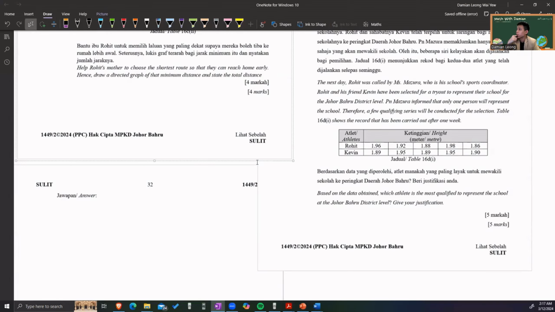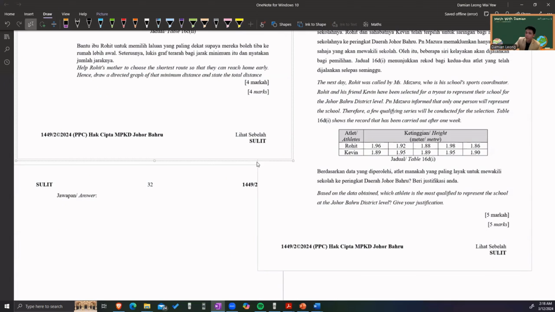Rohit and his friend Kevin have been selected for trial to represent the school for Johor Bahru district level. Mazura informed that only one person will represent the school, therefore a few qualifying series will be conducted. These are their height records throughout the week. So based on data obtained, which athlete is most qualified to represent the school?